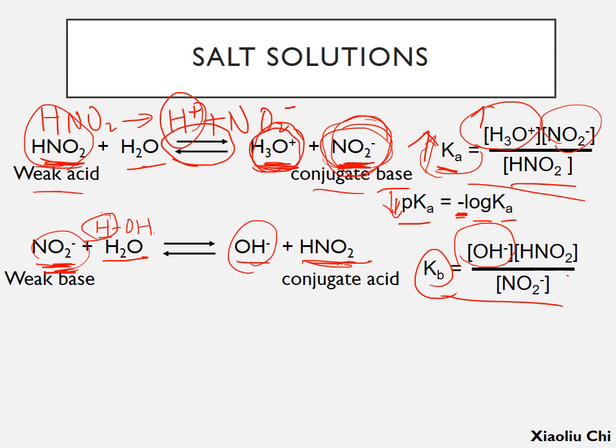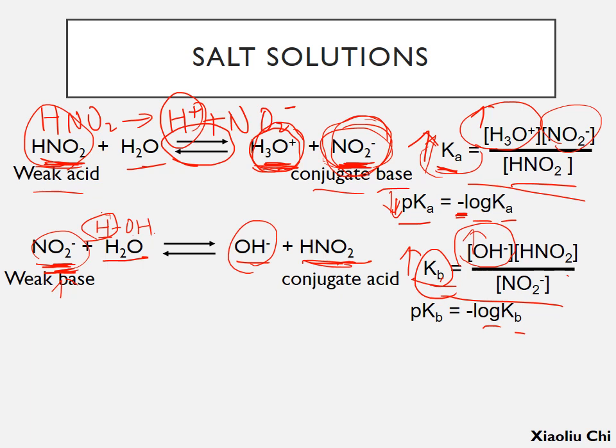Okay, a stronger base gives more hydroxide ion and a larger Kb. Similarly, we can define pKb as the negative log of Kb. So a stronger base has a larger Kb and a smaller pKb.